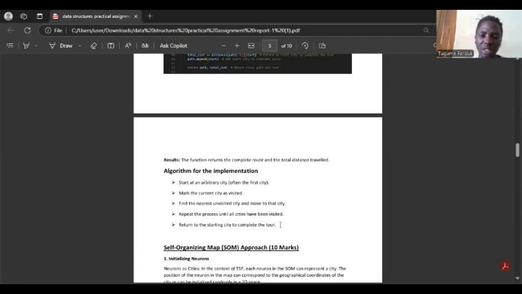After this, we see the shortest distance, and that is the one that we use.